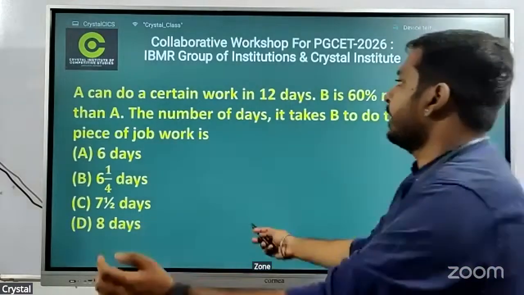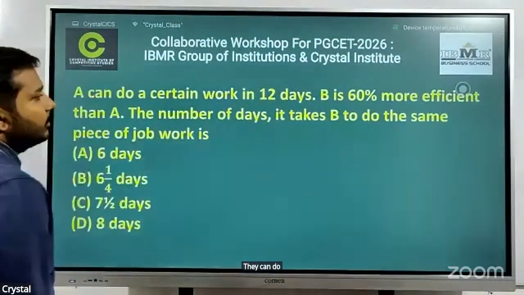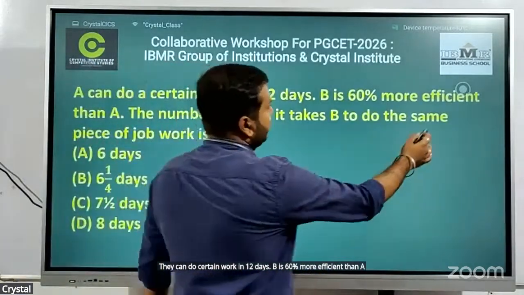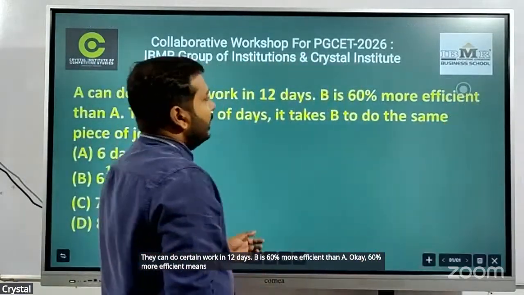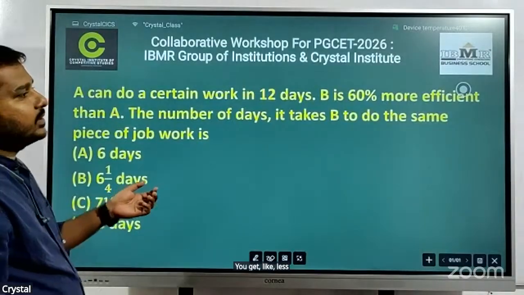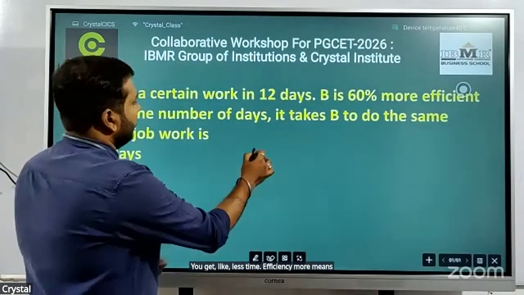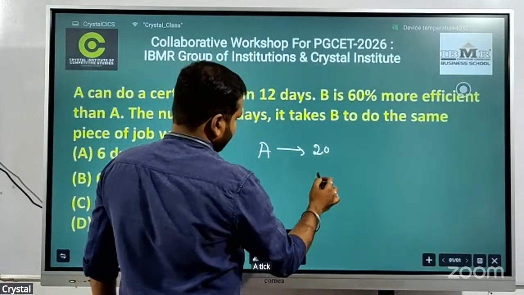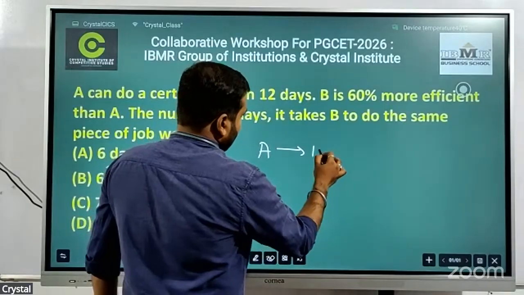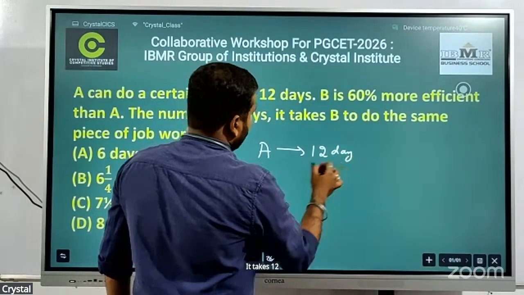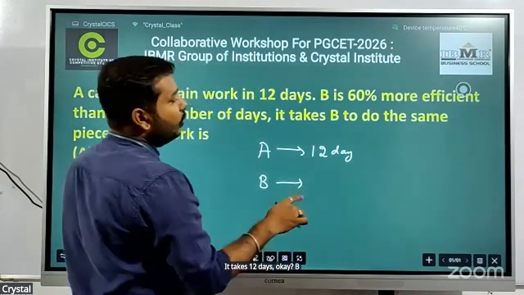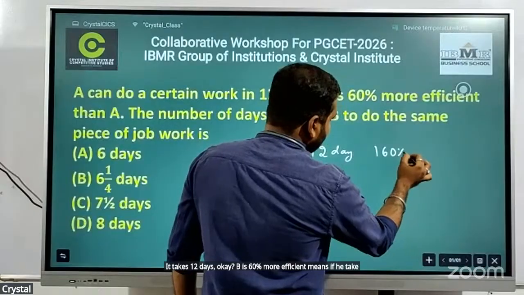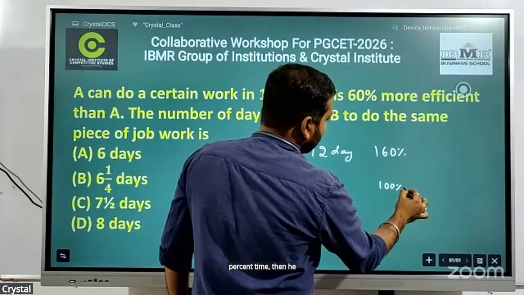7.5, okay. A can do certain work in 12 days. B is 60% more efficient than A. 60% more efficient means he takes less time. Efficiency more means time less. A takes 12 days. B is 60% more efficient, so if A takes 160% time, B takes 100% time.